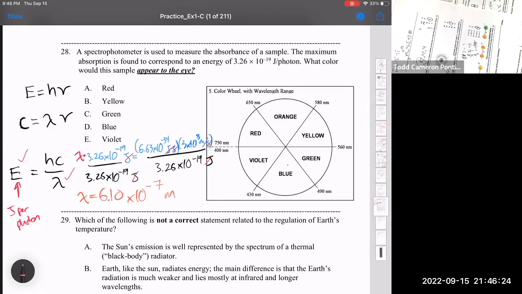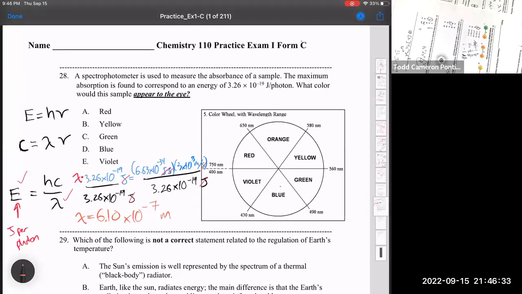The visible spectrum is usually reported in nanometers. So if you have 6.10 times 10 to the negative 7th meters, for every 1 nanometer, there's 1 times 10 to the negative 9th meters. So this equals 610.